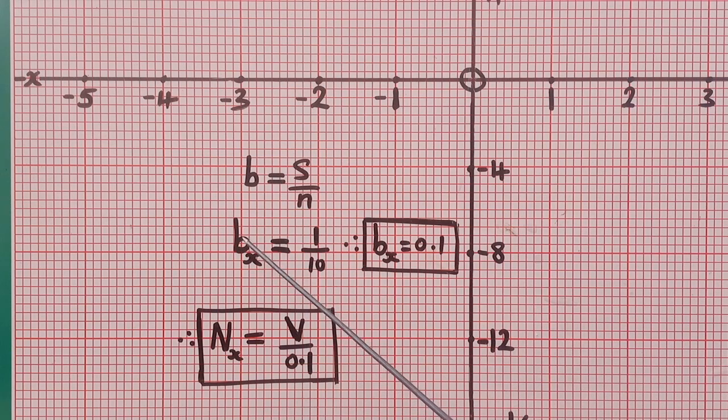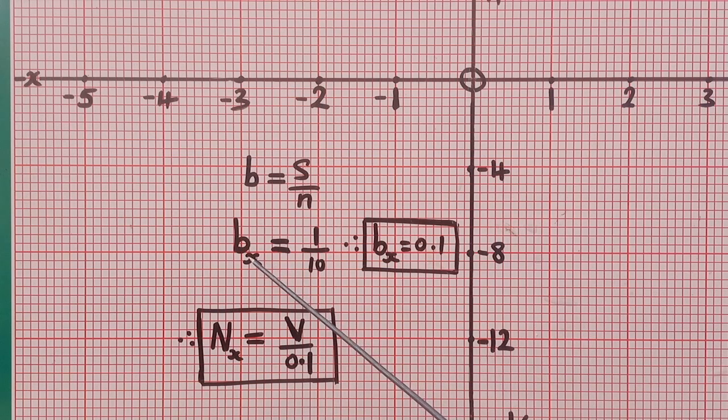Why did I write this b subscript x here? It is because b stands for any small unit box, whether on the vertical axis or the horizontal axis. B is B, the value of 1 unit box. But now we are concentrating on the value of 1 unit box for the x-axis.